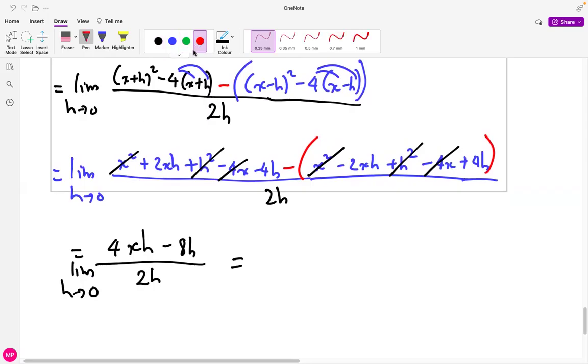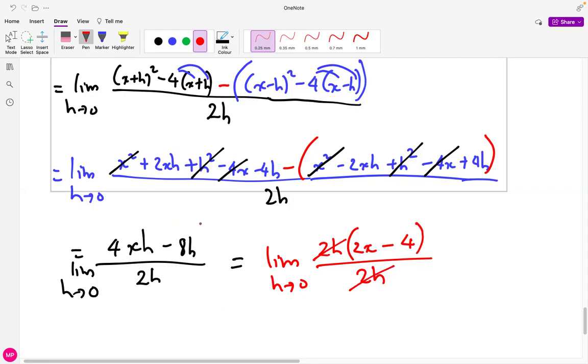You can see they both have h on the top and the bottom, and they both have a factor of 4. So I simplify by taking out the common factor on the top. I have 2h. Take it out, so you have 2x left, minus 8h divided by 2h is 4 over 2h... so 2h and 2h go away. What you're left with is just 2x minus 4.